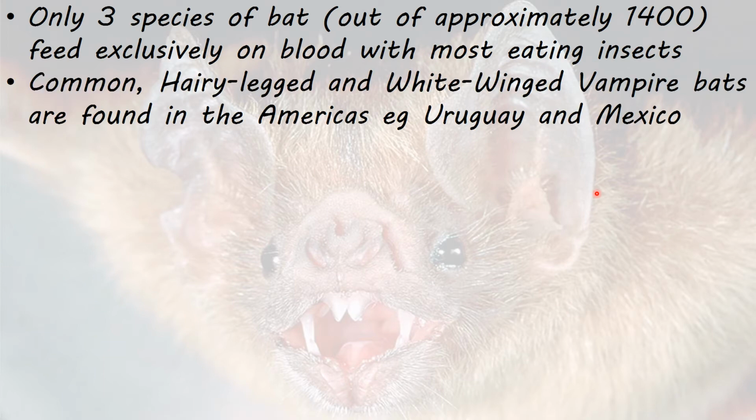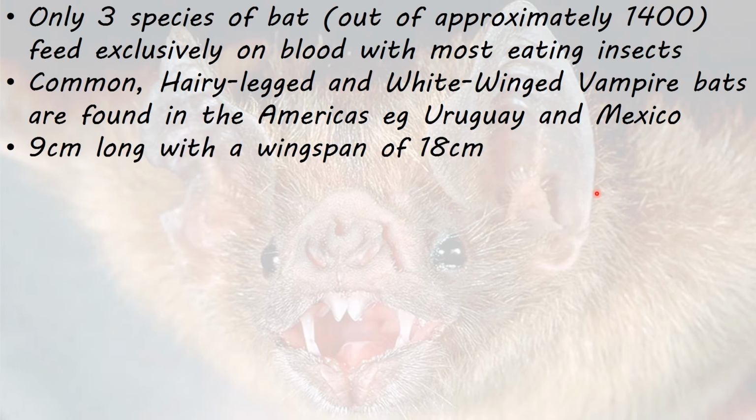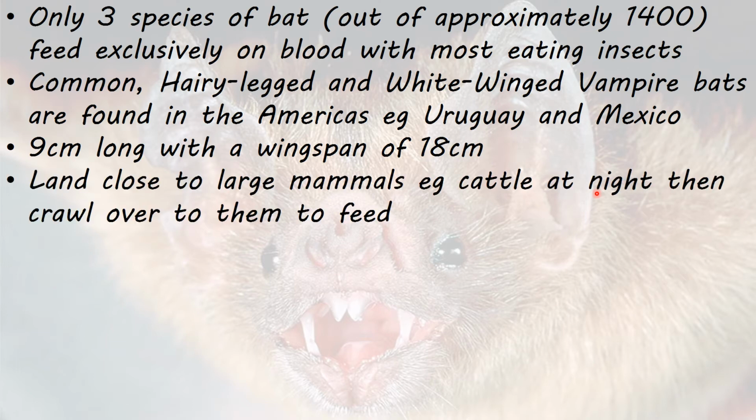And the 3 vampire bat types are the common, the hairy-legged, the white-winged, and they're found in the Americas, so Uruguay, Mexico, Brazil, around about that area. And they're just wee things, 9 centimetres long, which is not much despite having that kind of ferocious reputation, and their wingspan is 18 centimetres, so small.